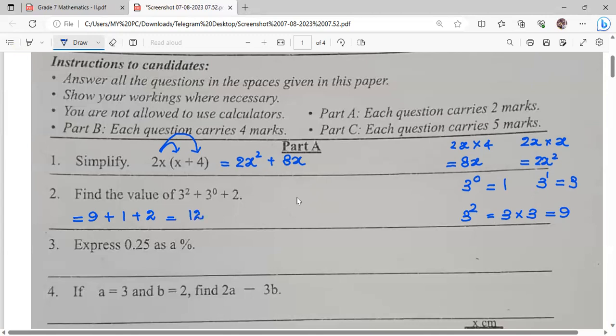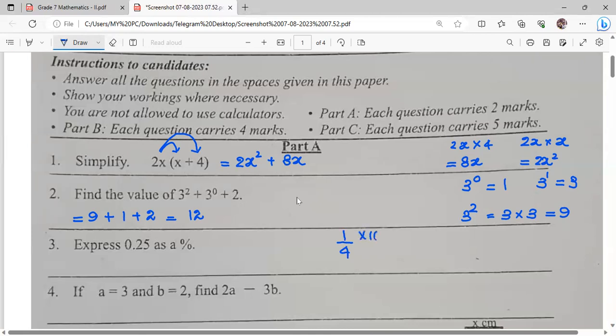Right? Then the next one, you want to express the given decimal number as a fraction. Hope you can remember your percentage lesson. Can you remember, if you have 1 over 4, a fraction, and you want to convert this into a percentage, what you should do, children?